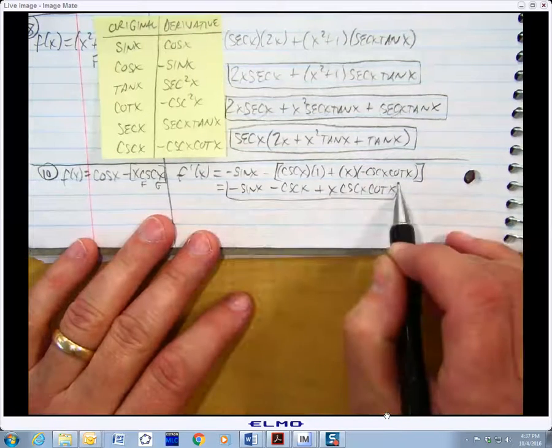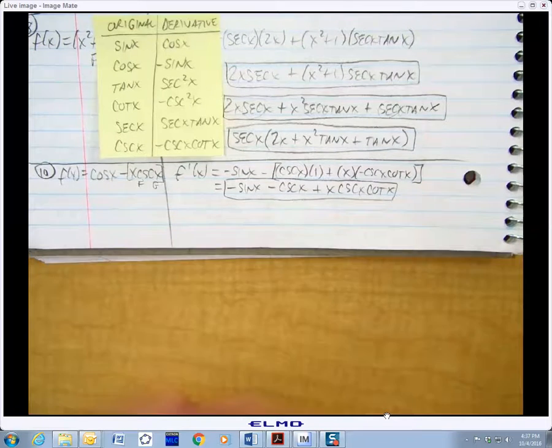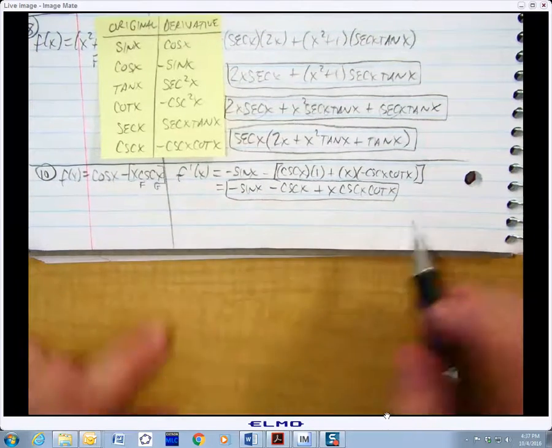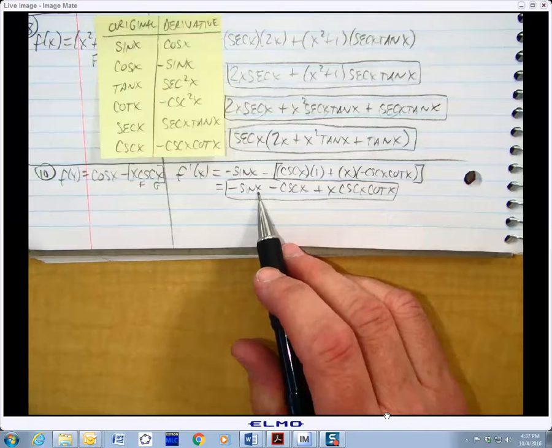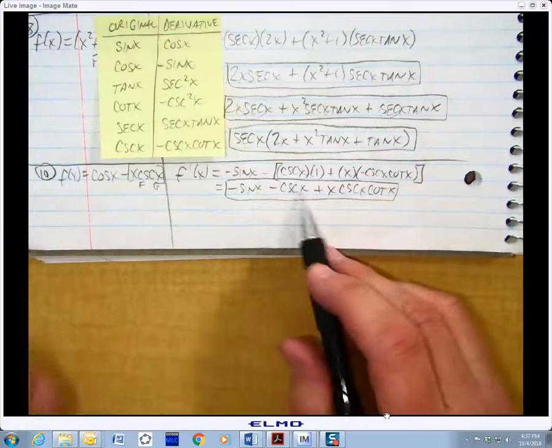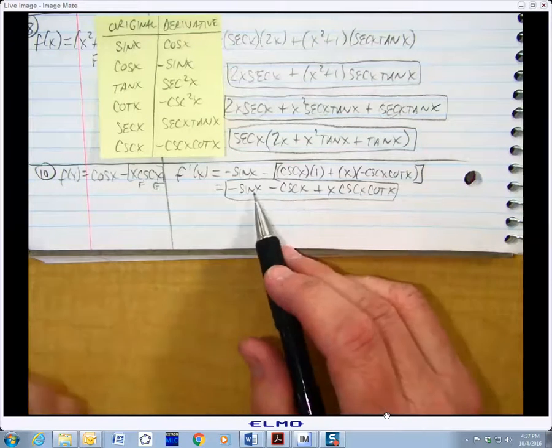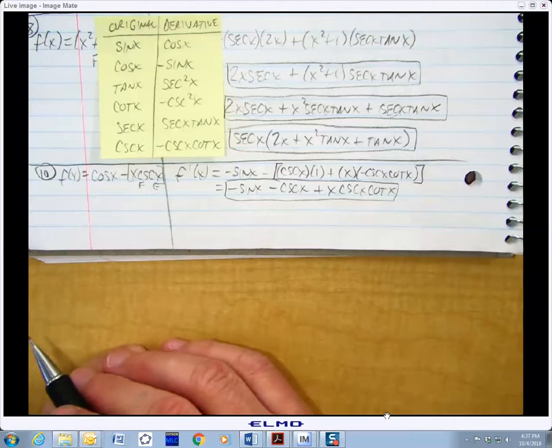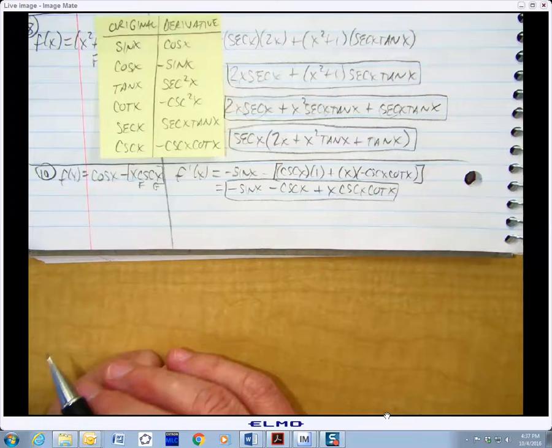In fact, I'm going to box it up right now. So then I would ask you, do they all three have something in common? And you can't say x. You can't factor out an x and leave sine or cosecant without an x. It doesn't make sense. So sine needs an x. Cosecant needs an x. So you don't get to take those away. Let's leave that one. I like that one as is.